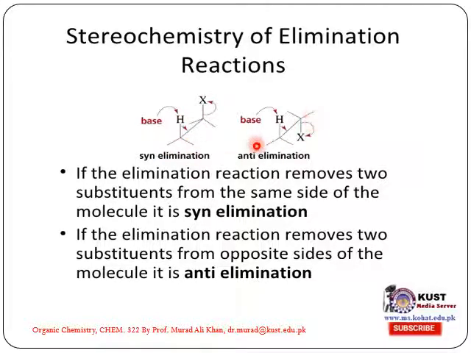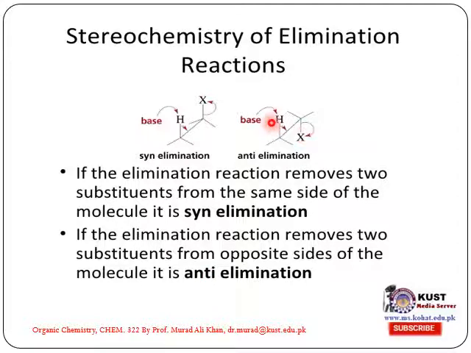Here if you see the X, that is the heteroatom which is to be removed, and the beta hydrogen which is to be removed by the base are on opposite sides, so it is called anti-elimination.